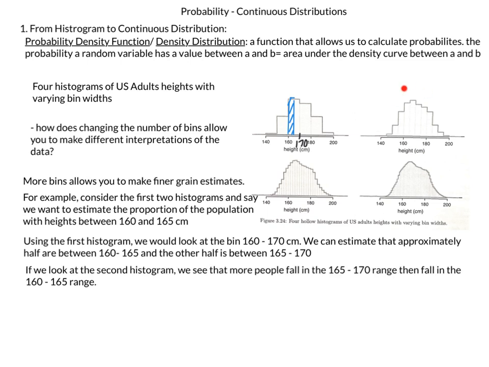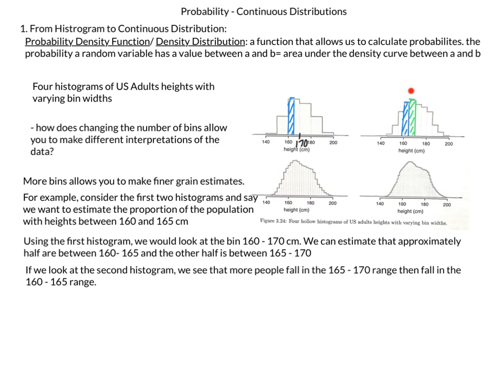Now, if we look at the second histogram, you can see this first bin is 160 to 165, and then there's a bin between 165 and 170. And if you look at this, the bin between 165 and 170 is higher than the bin between 160 and 165.